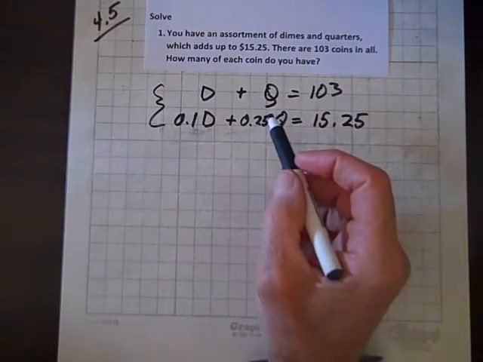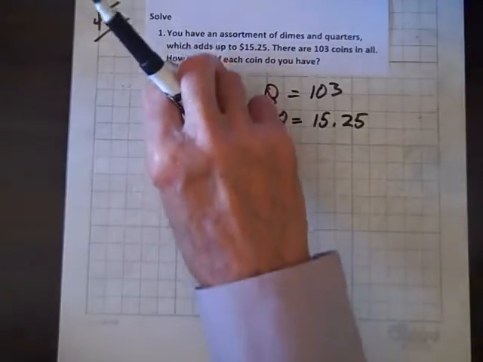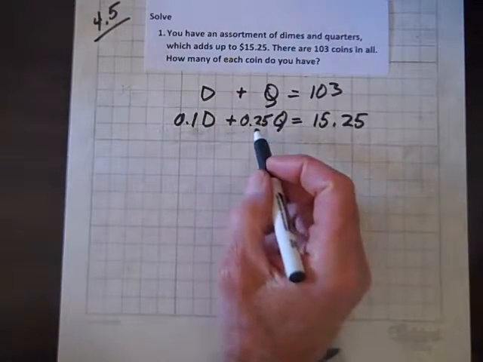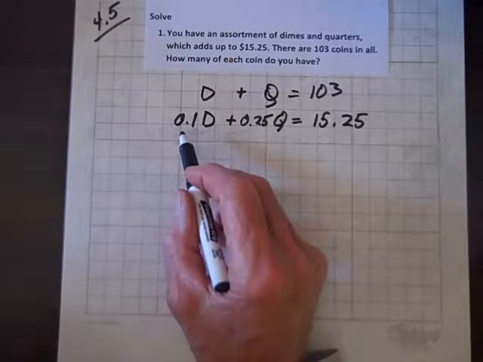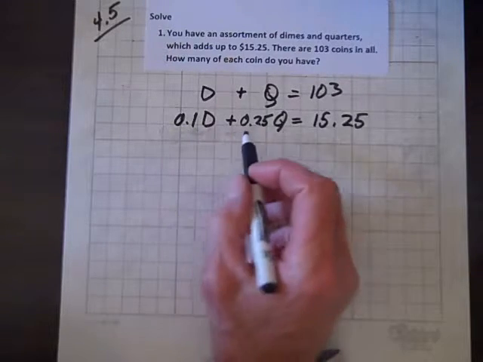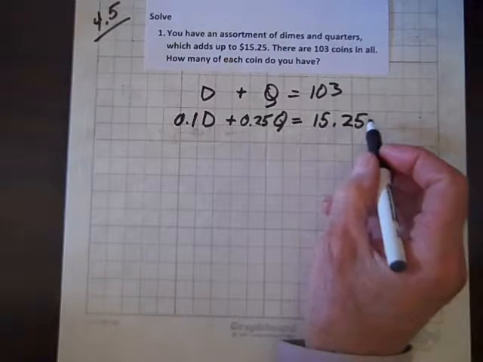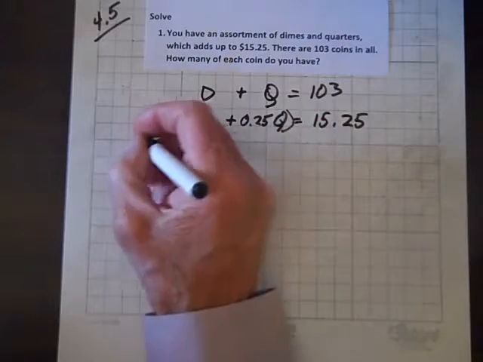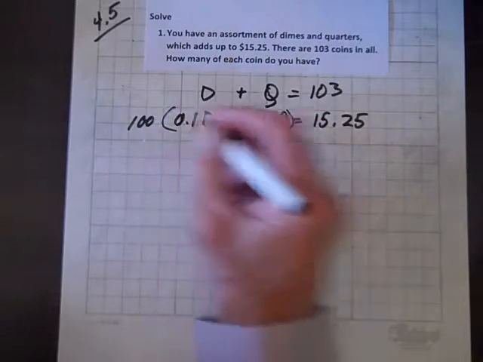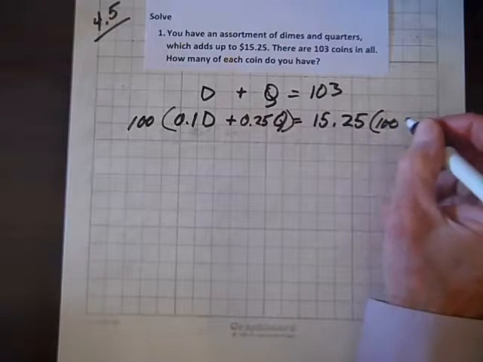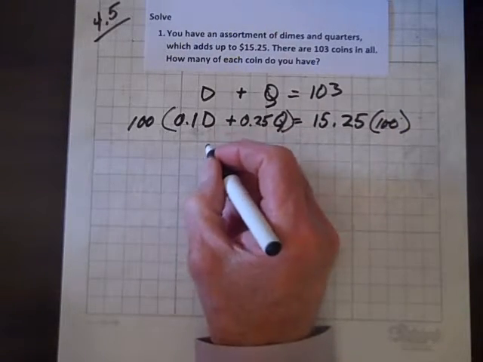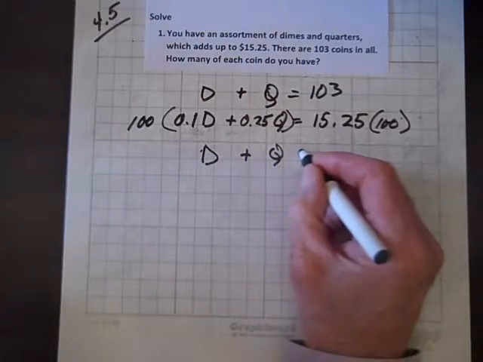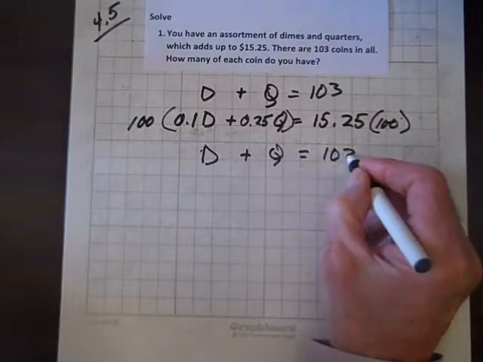Now, let me show you a trick. In fact, let me just erase this and keep this as concise as possible. Let's get rid of these decimals. So if we multiply by 10, it'll only move the decimal over once. But if we multiply both sides by 100, it will move that decimal over twice. So I'll multiply both sides by 100. Now, I'm going to write the whole thing again: D plus Q equals 103.